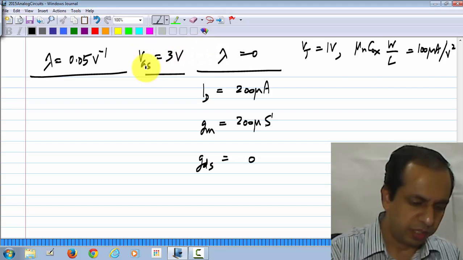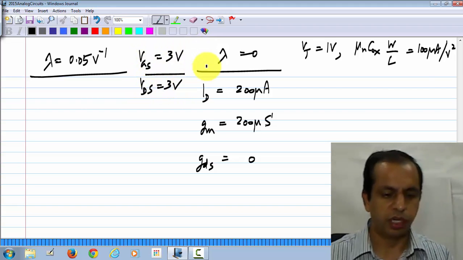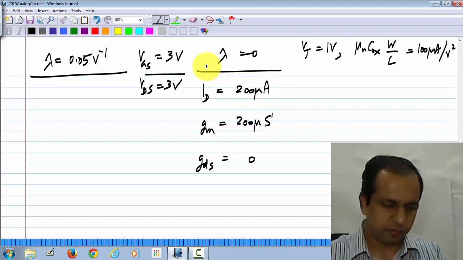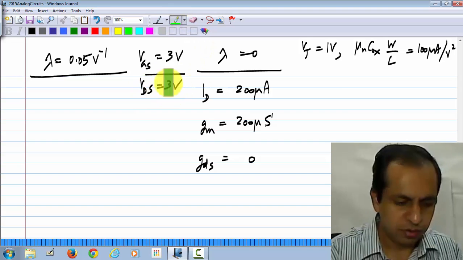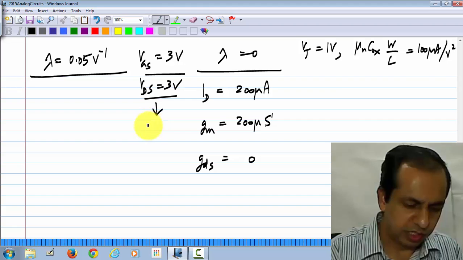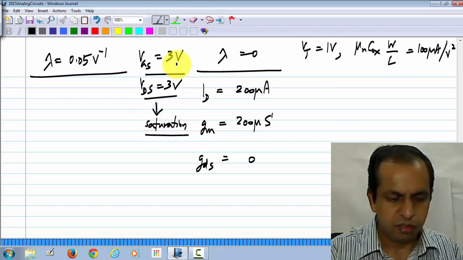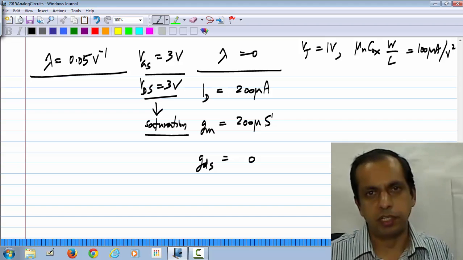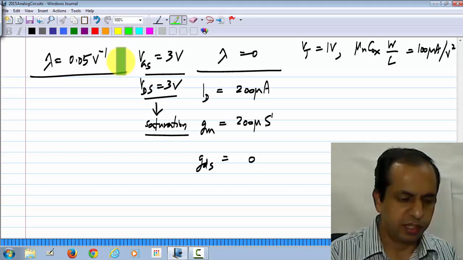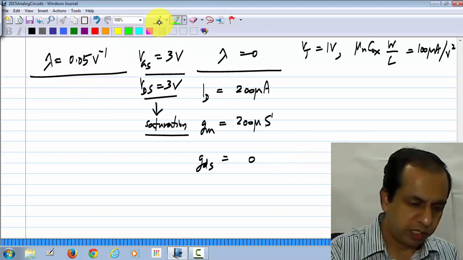By the way, let me also assume VDS equal to 3 volt, so that it remains in saturation region. Okay. So, this implies saturation because VDS is more than VGS minus VT.